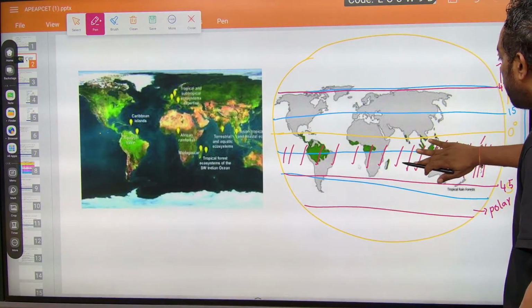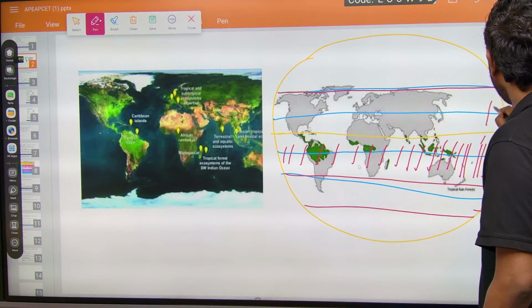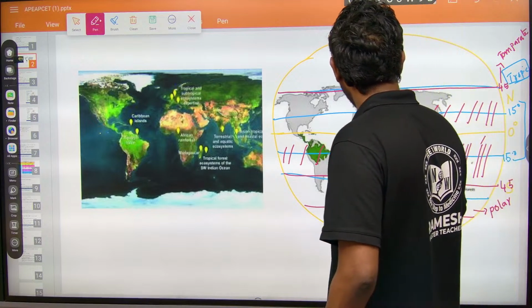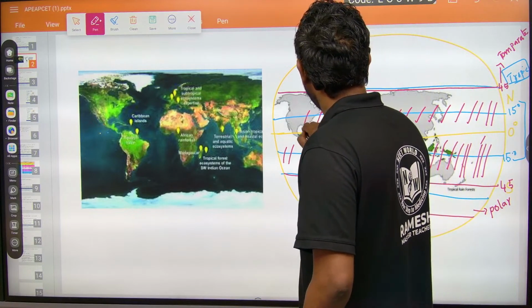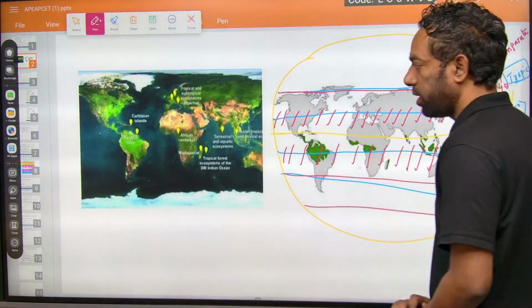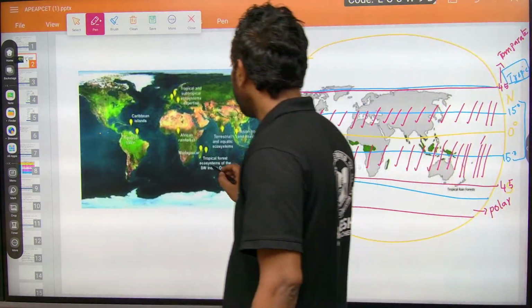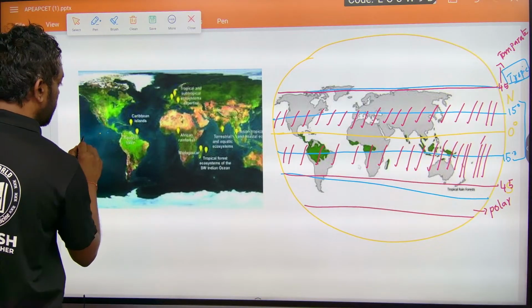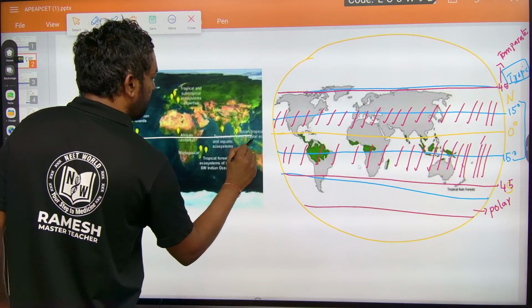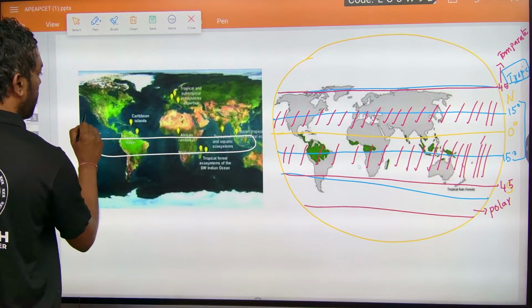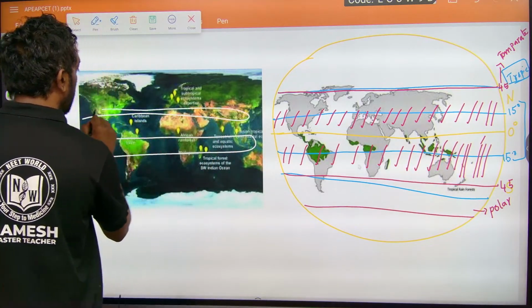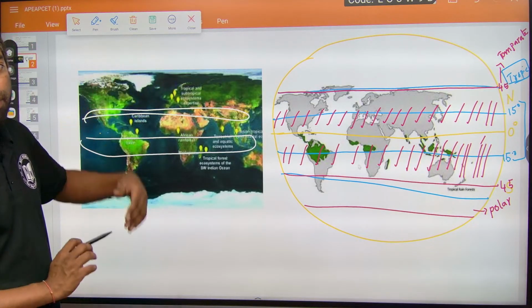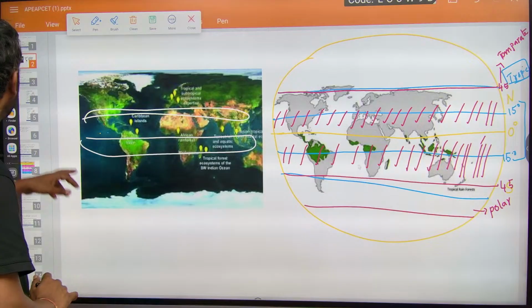This is the tropical region, where the greater biodiversity is found.